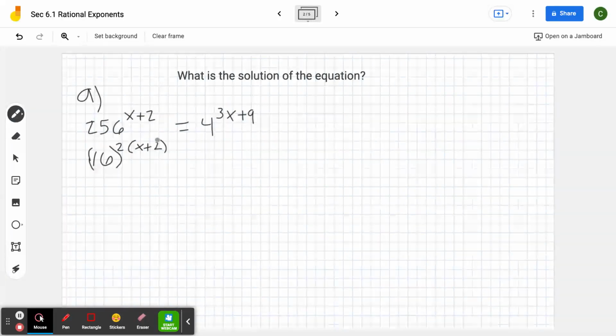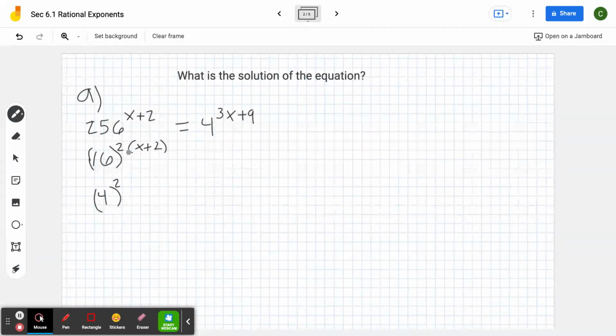So in essence, I would distribute the 2 through. But I'm not done. I want to get to 4. So what number squared gives me 16? And that number squared will be actually 4. So 4 squared gives me 16.